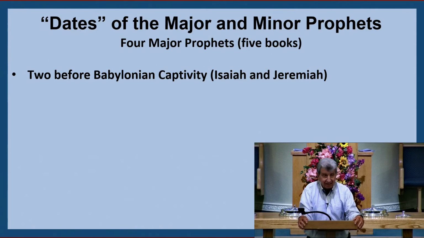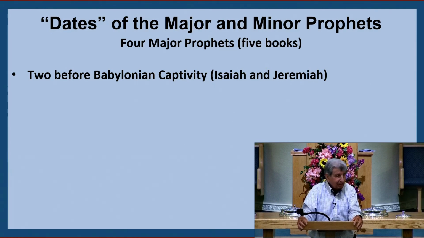You can nail down Jeremiah very specifically. You can nail Ezekiel down to the very year that he prophesied. He is that specific about the year that he prophesied.